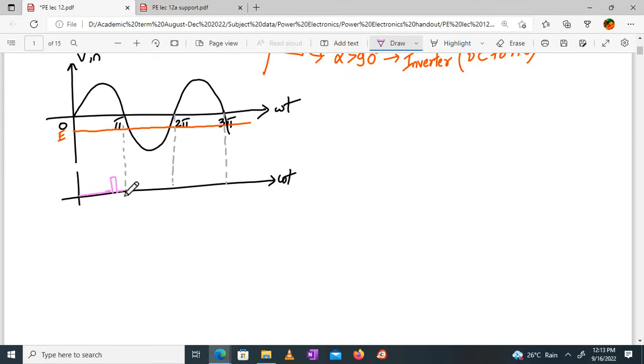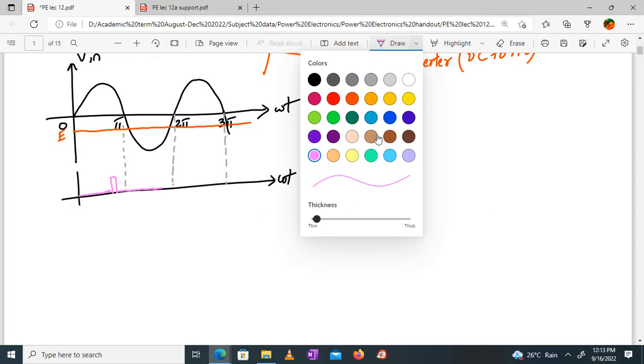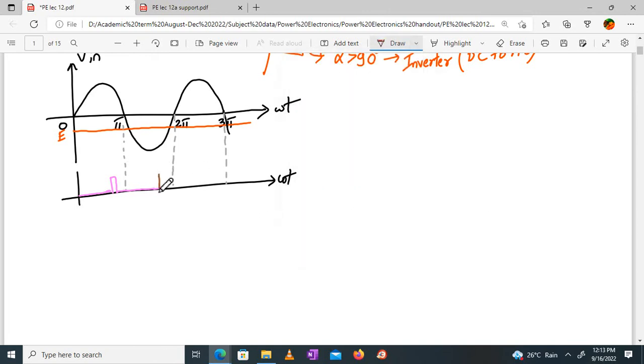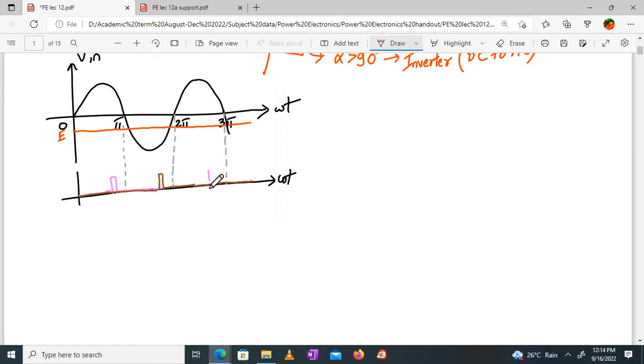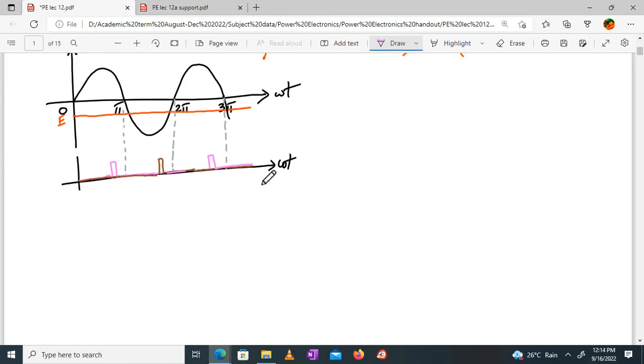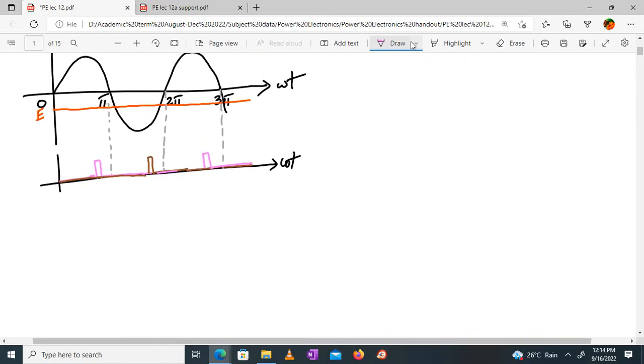Maybe here, और ये same नहीं है, next में color change होगा. Why? Because we are applying for different SCRs. Then you will have it here. Correct? Please draw. This will be alpha, pi plus alpha, 2 pi plus alpha.